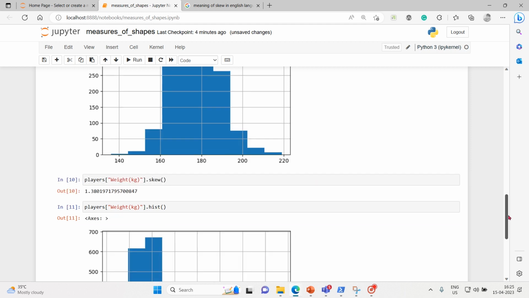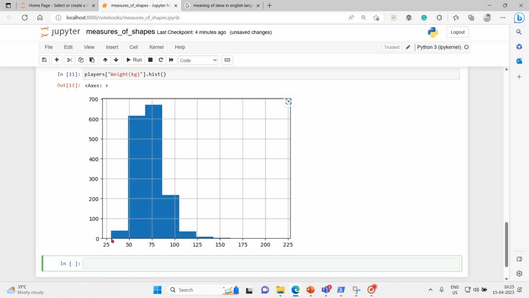Let's see. Yes, absolutely correct. See that? It's positively skewed. The tail is on the positive side. The shape of the distribution on the positive side has been distorted. The positive distortion is positively skewed. The value would be positive.